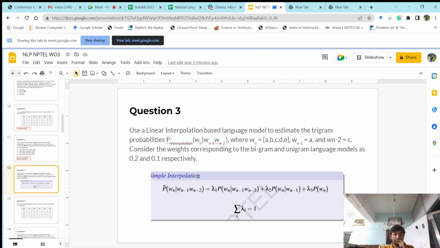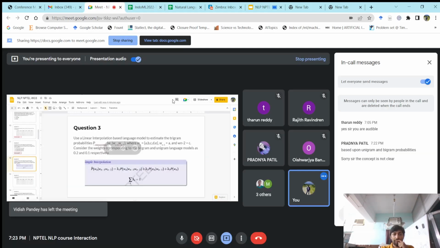Can anyone guess why this can be required? We may already have the trigram probabilities, but we are also using the bigram and unigram cases. Can you guess why that is done? This is the basic idea behind interpolation. It is very simple, but why do we require that? If you don't know, just reply that you don't know.